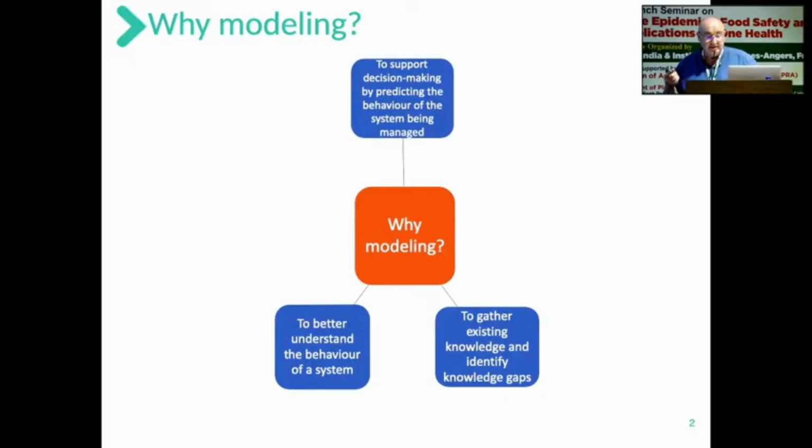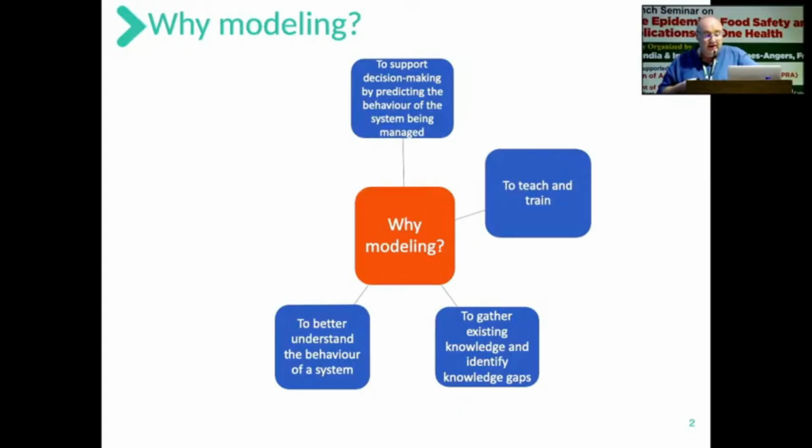Another important use of a model is to support decision making, to predict the behavior of a system under a given management. So for instance, if you want to know when to apply a fungicide, it's important to have a model to know, okay, it's now that the disease is really increasing very fast and you should apply your fungicide.